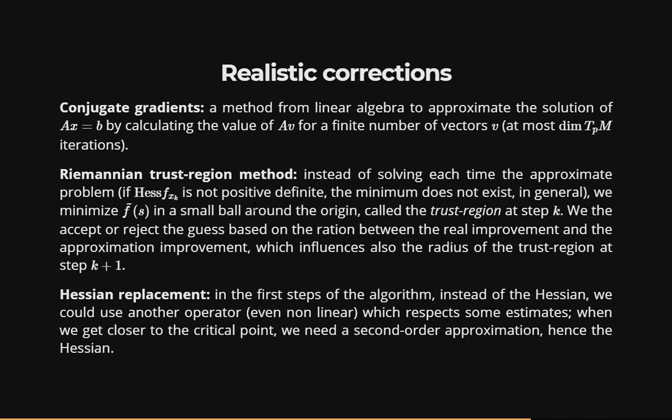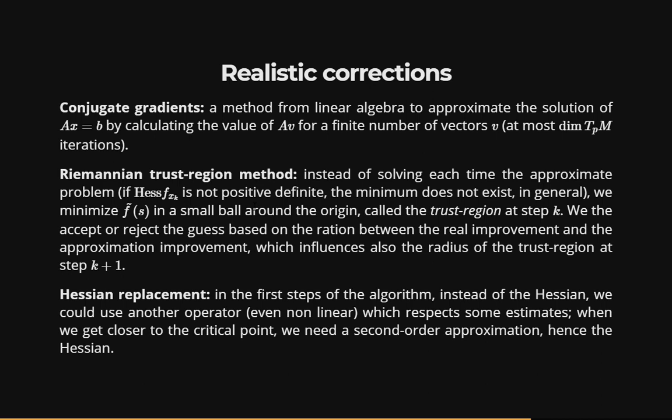So we actually want to approximate the Hessian. But in the first steps, it can be made rough. You have two parameters which will tell you if you are in the first part or in the second part of the algorithm. But the general idea is that you can replace the Hessian with L times the identity for L a constant, or something which is just radial and not linear, whatever, and it goes all good.